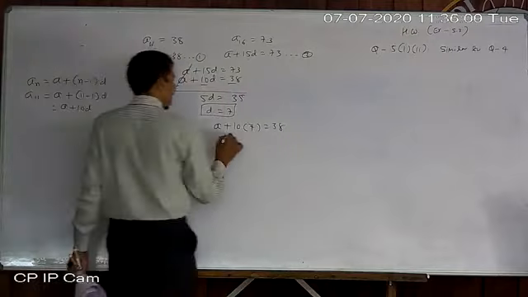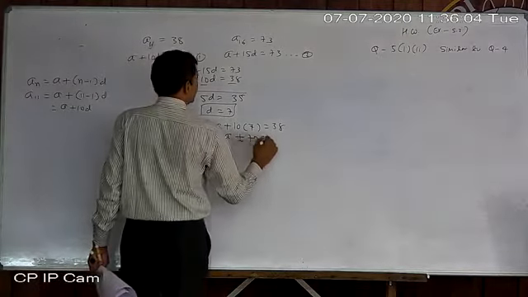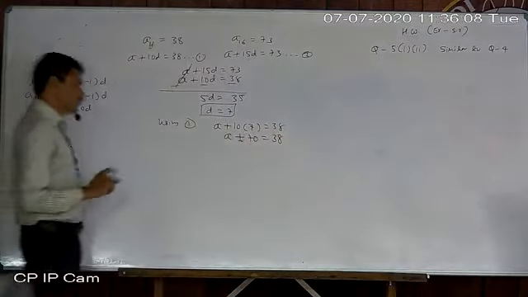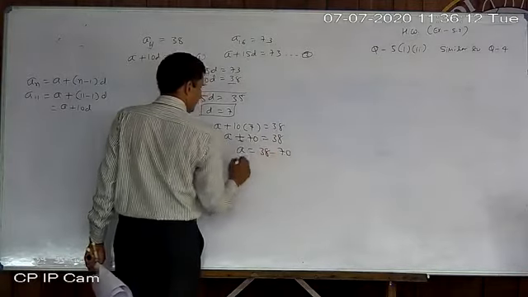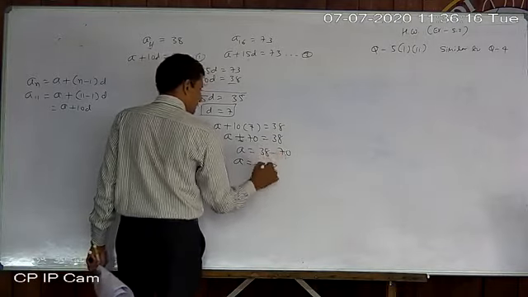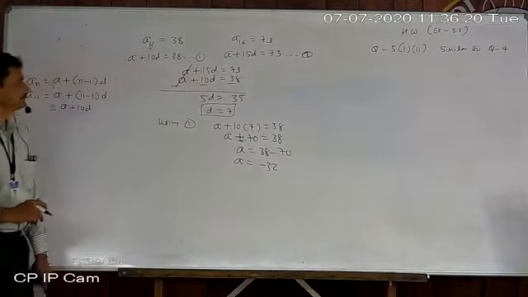So a plus 70 equal to 38. So a equal to 38 minus 70. So a will be negative only. It will be minus 32.